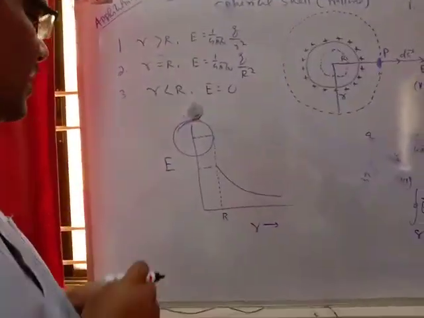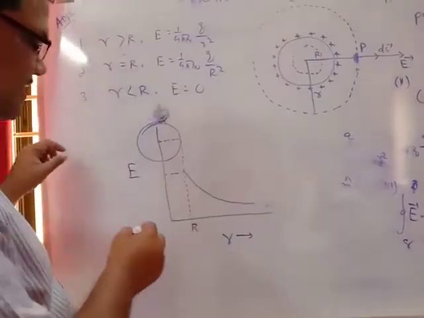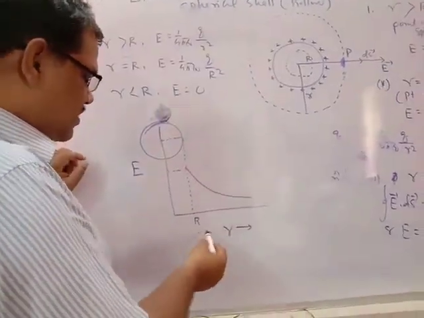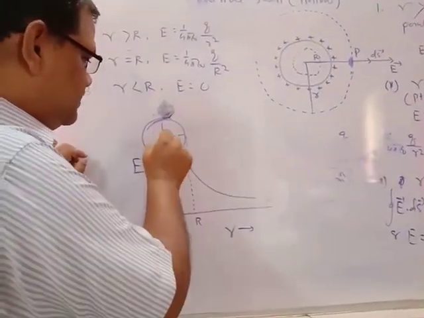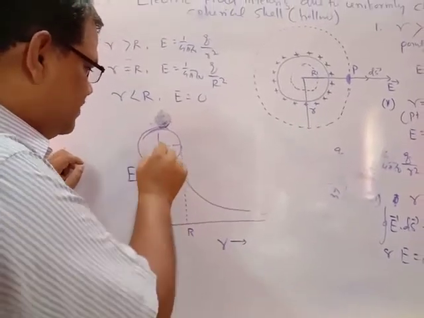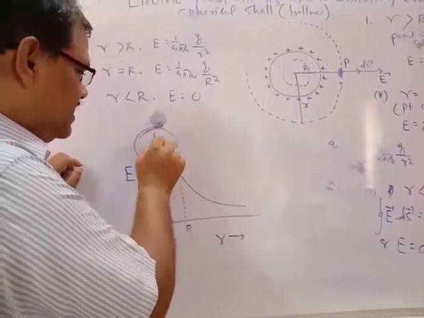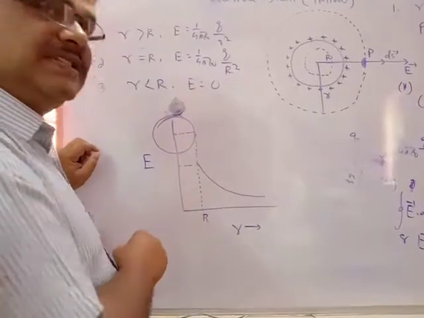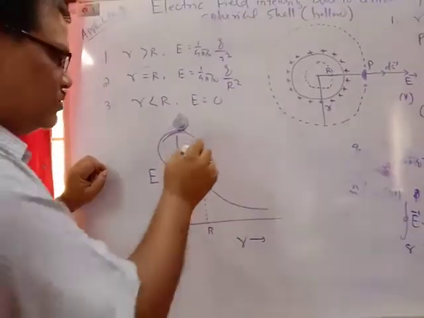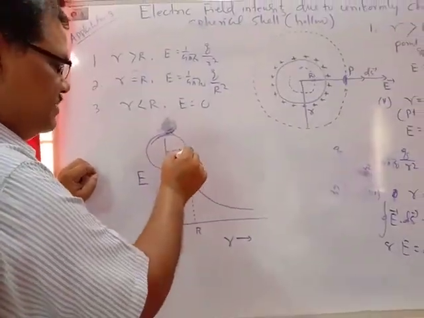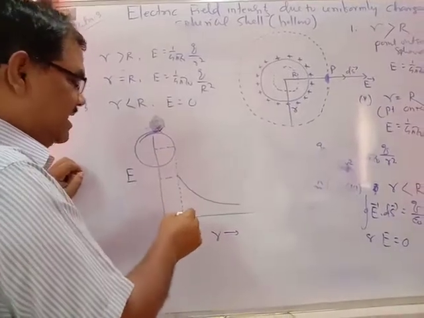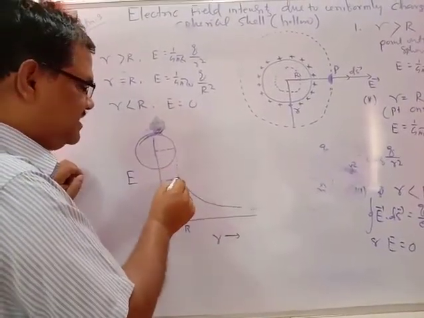So what happens if you plot the graph of E versus small r? This is the center of the sphere. From the center to the surface, the electric field intensity will be 0. At capital R, on the surface, you get the maximum intensity.